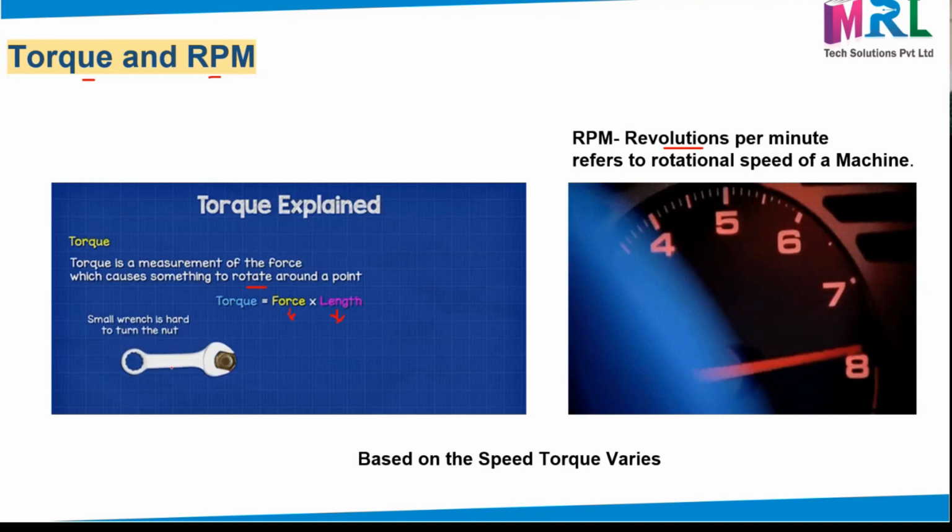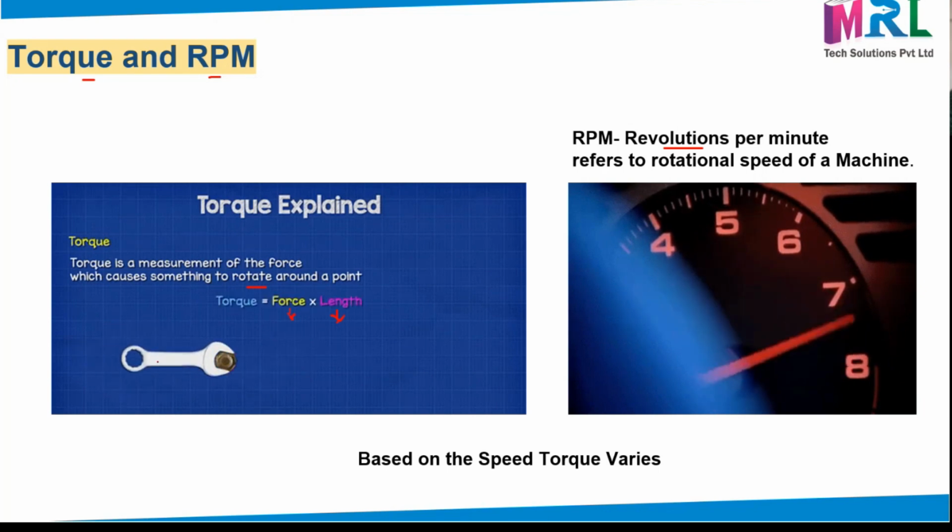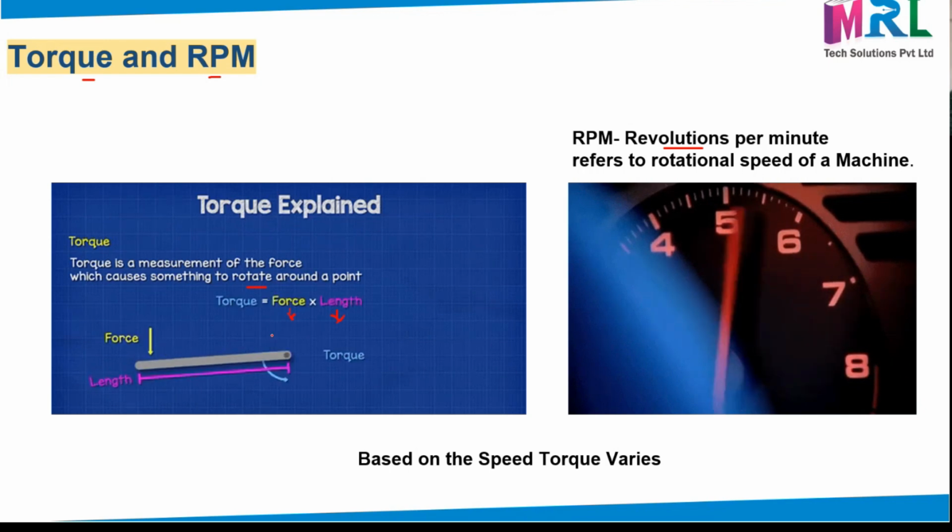If you use a small spanner, you cannot rotate it, however much force you apply. So you need a large spanner and you have to apply equivalent force to rotate the wheel, to rotate any screws and all. So this rotating force, this measurement of force, is called torque.